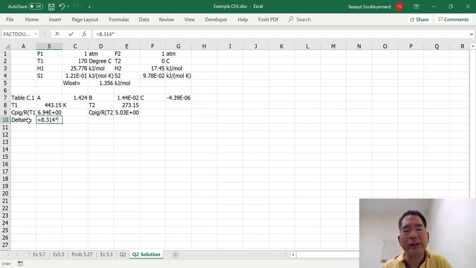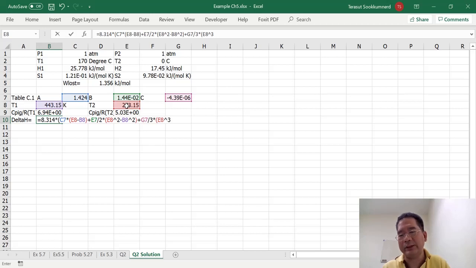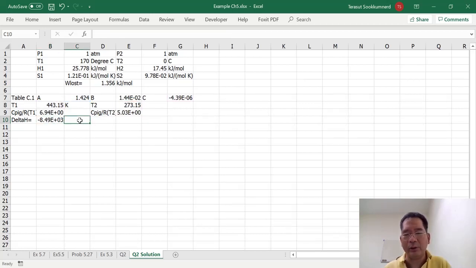So 8.314 multiplied by A multiplied by the difference between T2 and T1, and then plus B divided by 2 multiplied by T2 square minus T1 square, and plus C over 3 multiplied by T2 cubic minus T1 cubic. This is our delta H with the unit of Joule per mole.